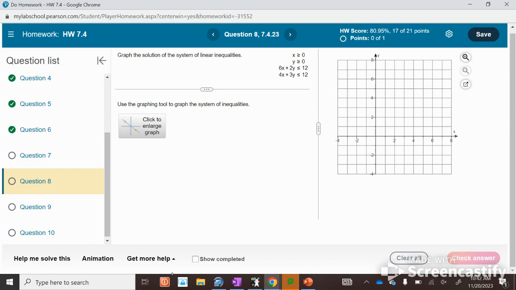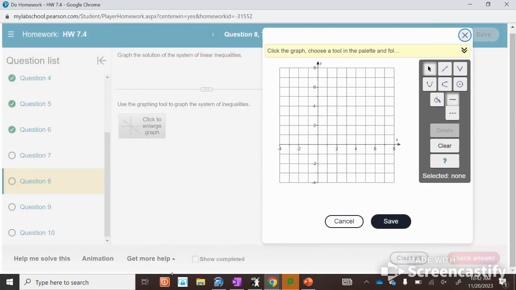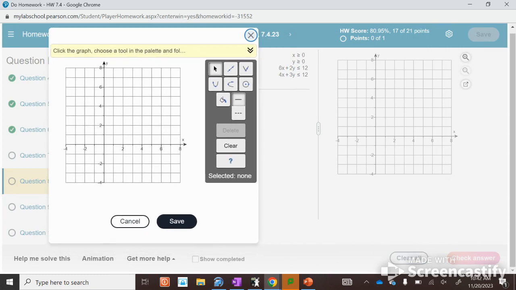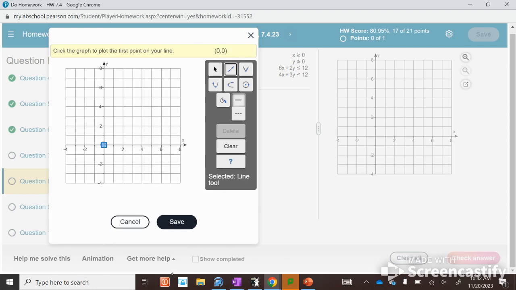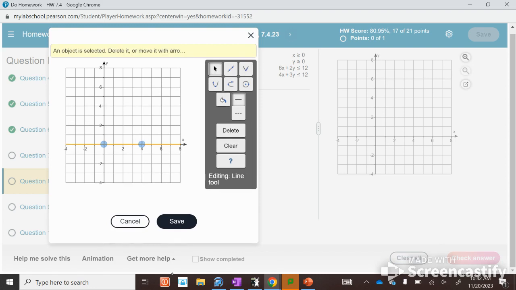8, x is bigger than 0, y is bigger than 0, 6x plus 2y is less than 12. So if 6x plus 2y is less than 12, I put in 0 for x, get 6 for y, 2 for x, get 0 for y. So I got a horizontal line, a vertical line.